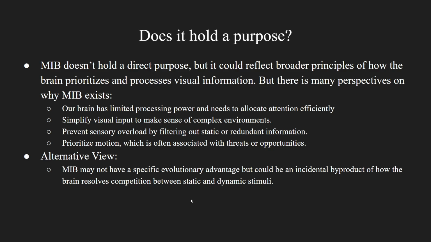Now, does this hold a purpose? MIB doesn't hold a direct purpose, but it could reflect broader principles of how the brain prioritizes and processes visual information. But there are many perspectives on why this exists in the first place. Our brain has limited processing power and needs to allocate attention effectively and simplify visual input to make sense of complex environments.